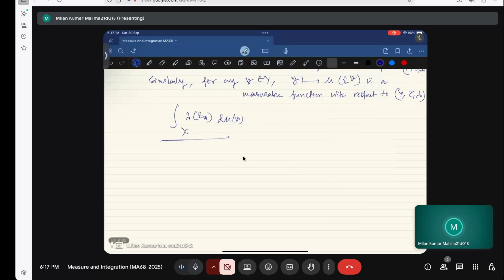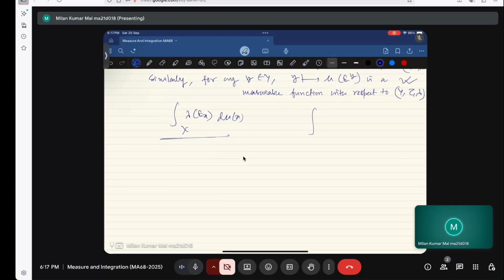And similarly for this function, one should have the integral of mu of Ey d lambda y. The interesting fact is that when you take sigma finite measure spaces and start like this, these two values will be equal.